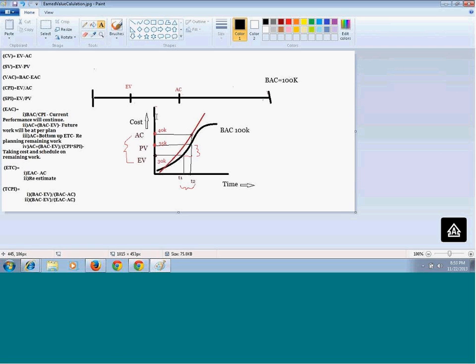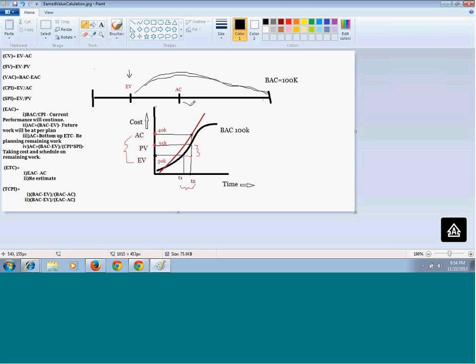Check this particular image as well, and it will give you a fair idea of the amount remaining. If you check this particular portion, BAC minus EV, this is the amount of work you already completed, and this is your total budget. So this portion tells you how much work is remaining.